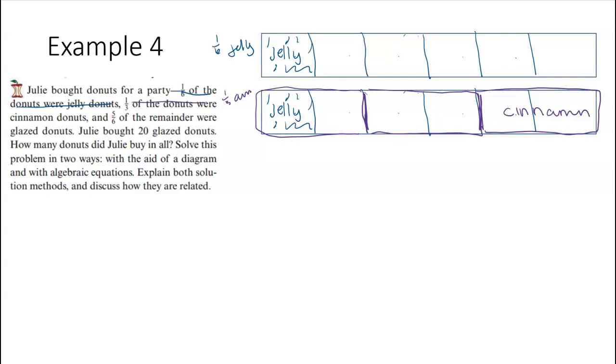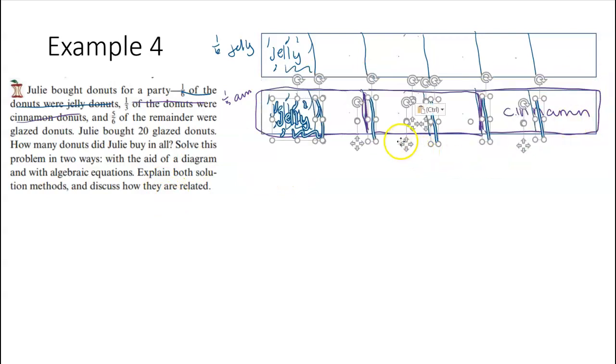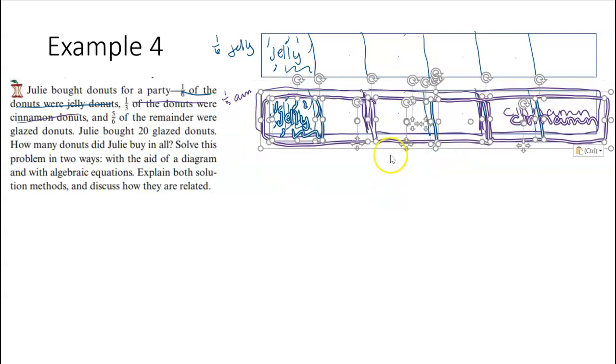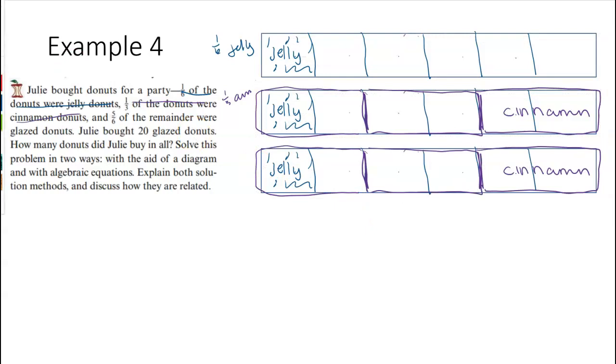And now 5/6 of the remainder are glazed. So we've got one more section here. Let's see if I can get all of it. So let's make this red. So 5/6 of this. Well, unfortunately, we have to redo our break here because we need to turn this into 6 pieces so then we can shade 5 of them.